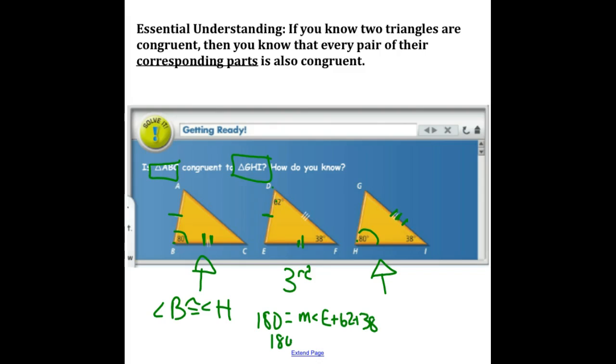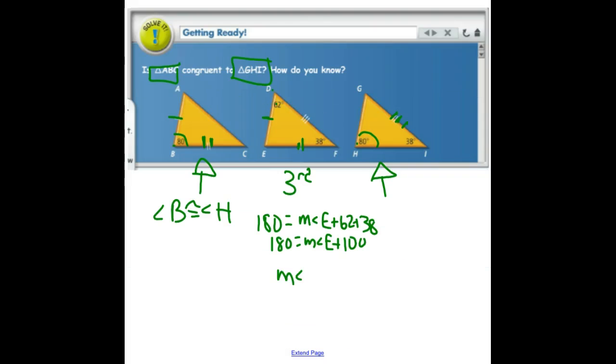And I start to solve from there. 62 plus 38 gives me 100. And I get that the measure of angle E is 80 degrees. Well, that's really helpful because we know that angle B is 80 and angle E is 80.